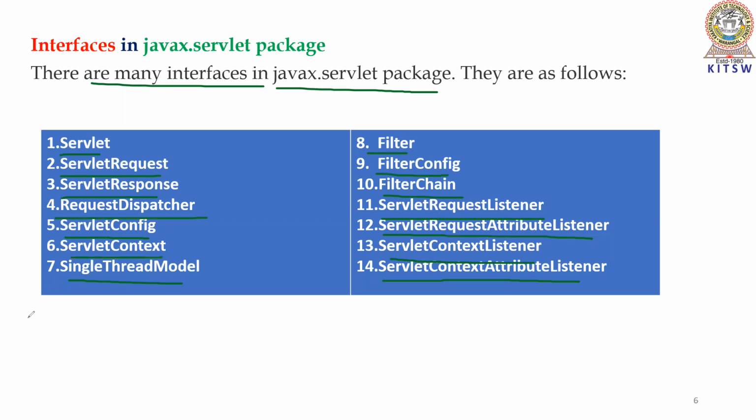We may use the servlet interface, or the servlet request interface, or the single thread model. It depends on our requirement and our real-time scenario. We are going to use interfaces to develop servlet applications.